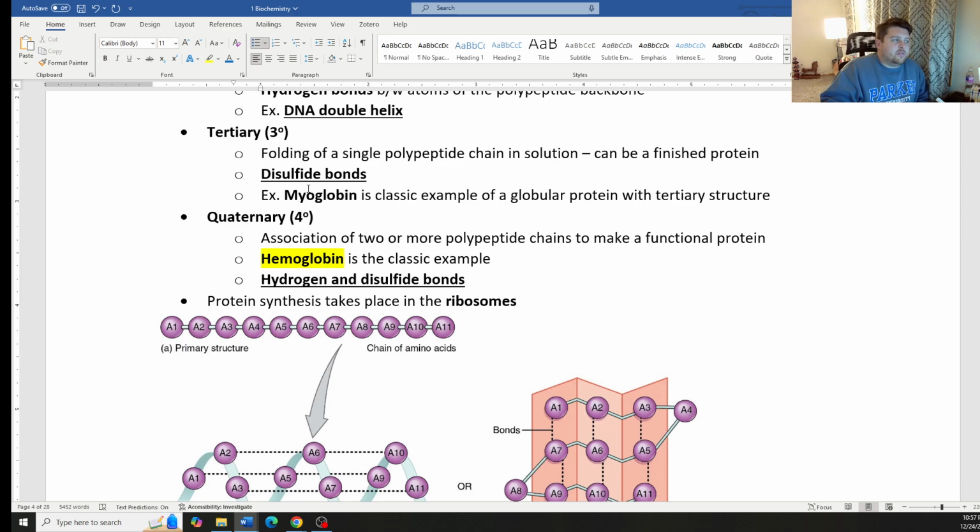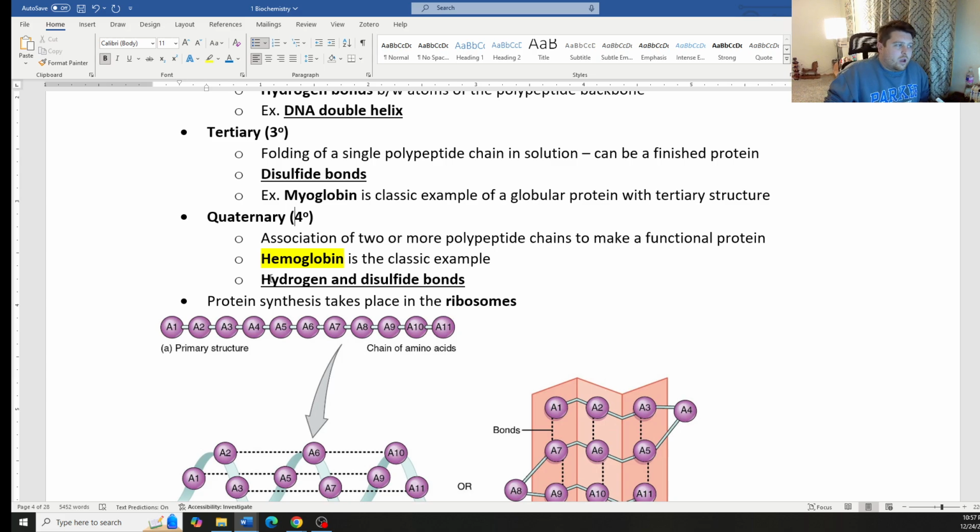So myoglobin, for example, has space and it carries one oxygen. Hemoglobin is 4 tertiary proteins. It's 4 polypeptide chains that all come together to form a protein that can carry 4 molecules of oxygen. Hemoglobin is our best one for talking about quaternary type structure.